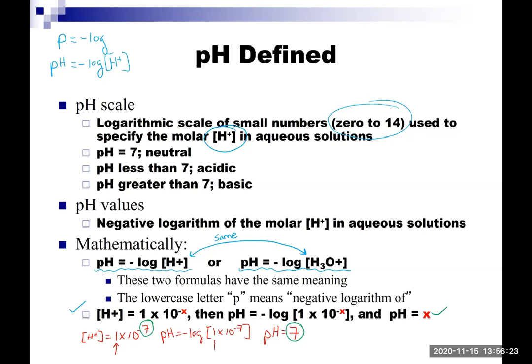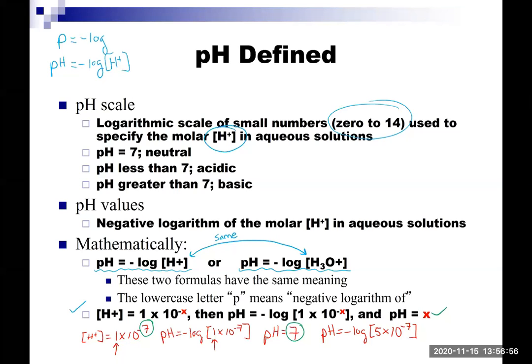That's the coefficient in the scientific notation, and that's a coefficient of 1. Suppose we change that coefficient to 5. So we would have that the pH equals the negative log of 5 times 10 to the minus 7. Now will we still get a pH of 7?